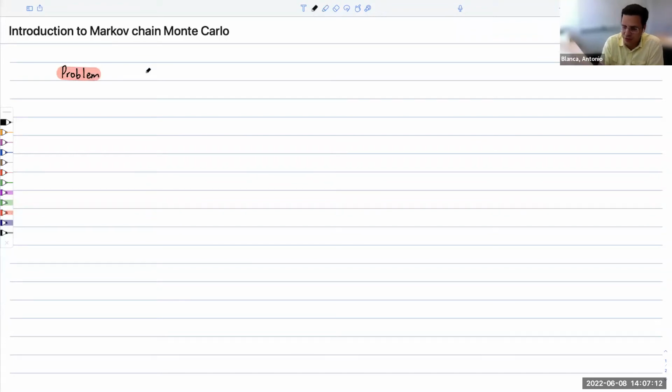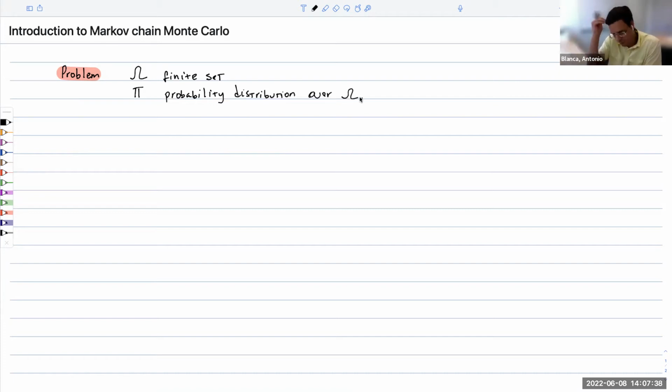We're going to have a finite set, and we're going to have a probability distribution over the set. That means that every element x of the set is assigned some probability pi of x, and let's suppose that we know it for now. Okay, so what is the problem?